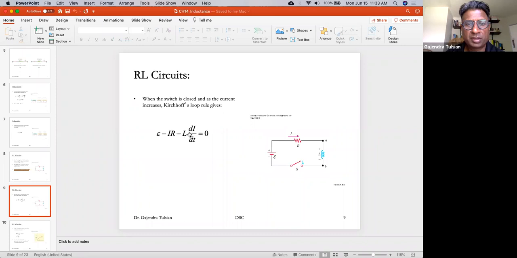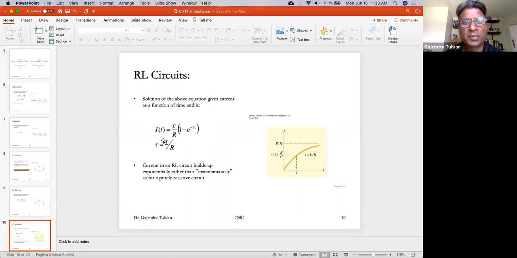You can verify this. You can substitute that for I here, and you'll find that it is indeed a solution, okay? So if you plot this, that function will look like that, just like we got in our simulation.